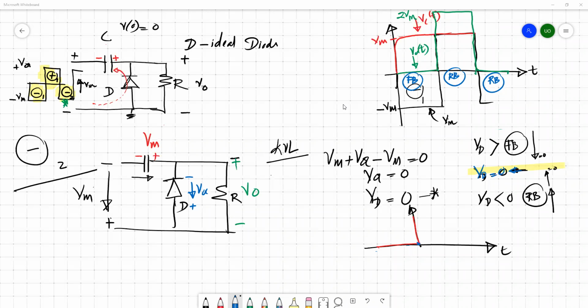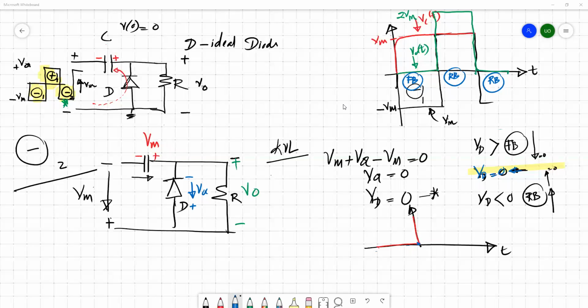If it was in the reverse region, you can still argue that this 0 voltage is not sufficient to push this diode from reverse to forward. So we use that argument.